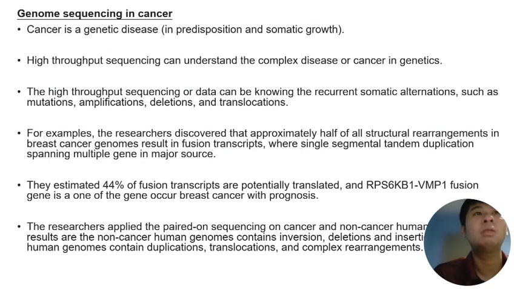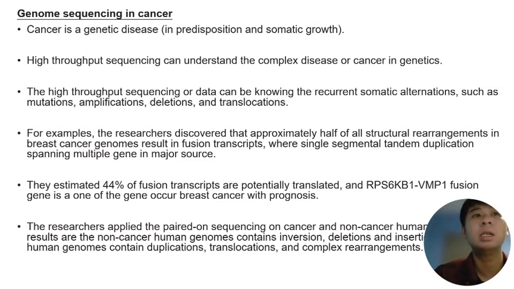So high throughput sequencing can help understand the complete genetics of the disease. It can find somatic alterations such as mutation, amplification, deletion, and translocation. I give the example of the disease breast cancer.